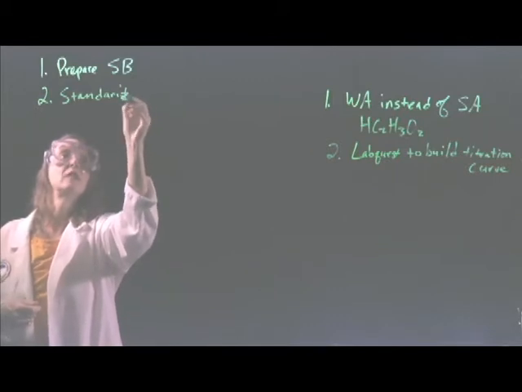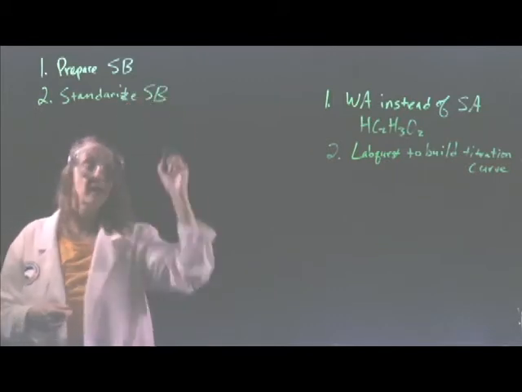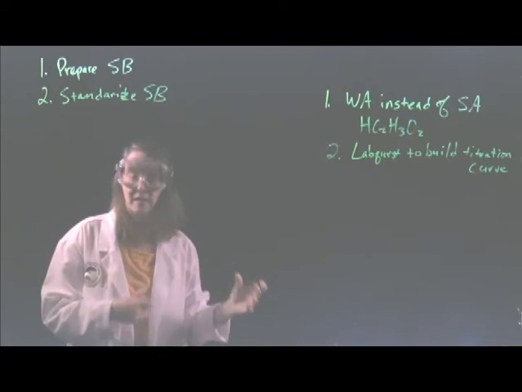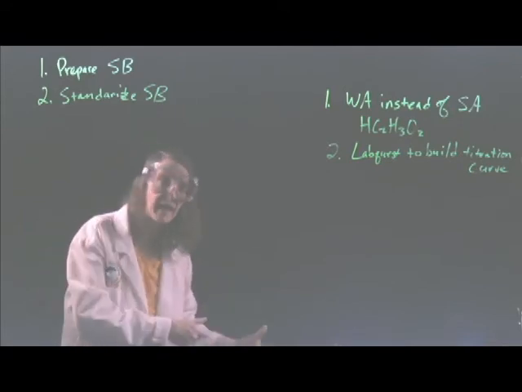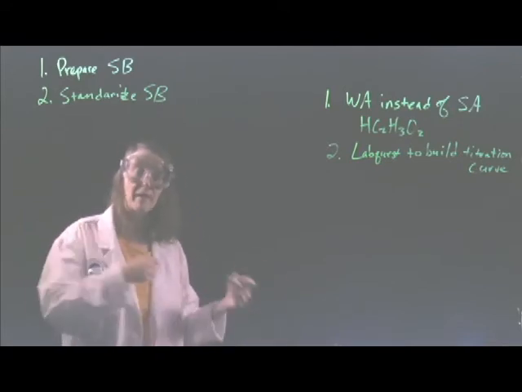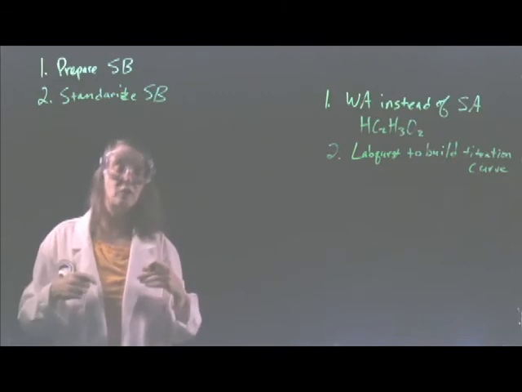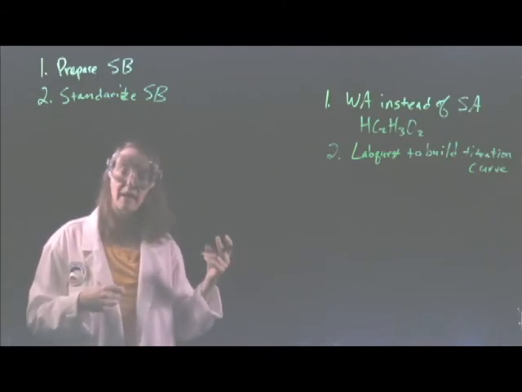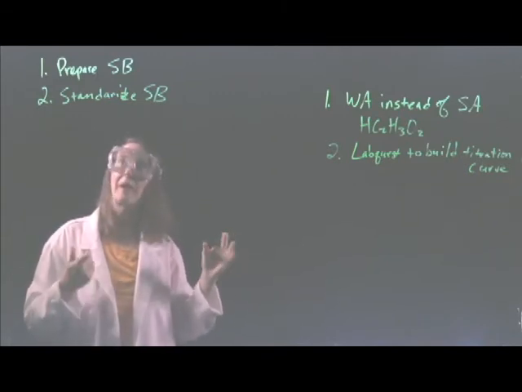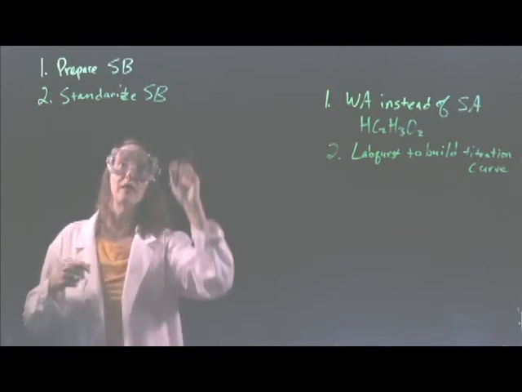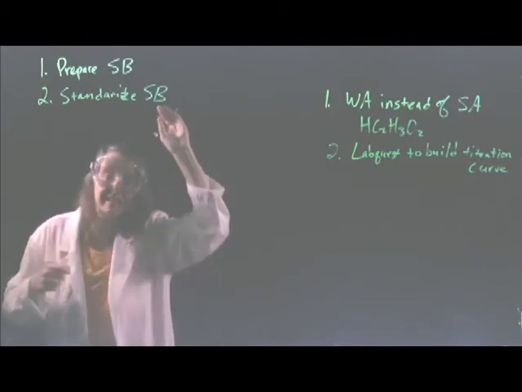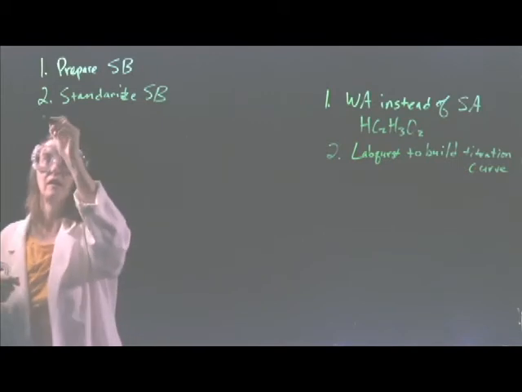Standardize strong base. And you do this the same way that you did it last week. We use KHP. You weigh out the right amount of that, run through the titration, do it at least twice, have your results agree with one another by about 5%, and you're good with the standardization. So this is exactly the same as what you did last week.